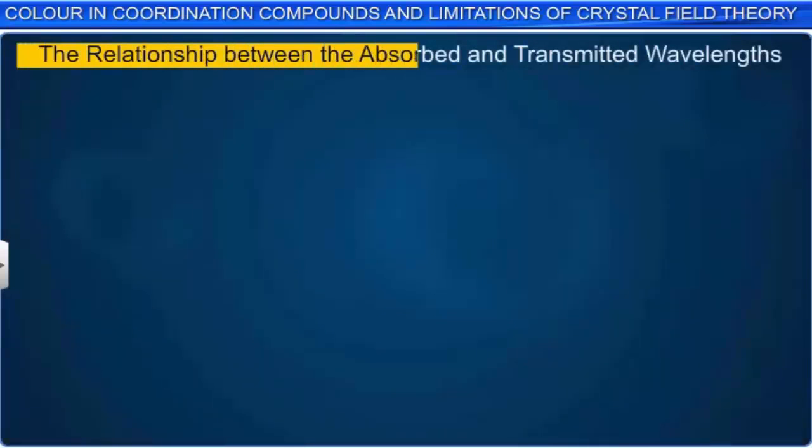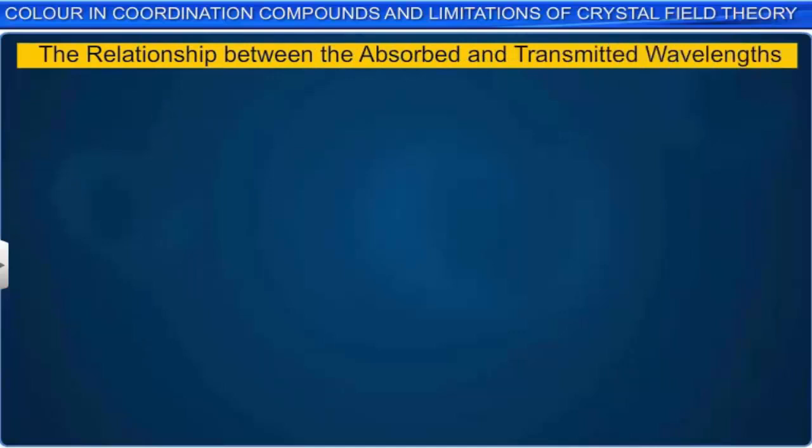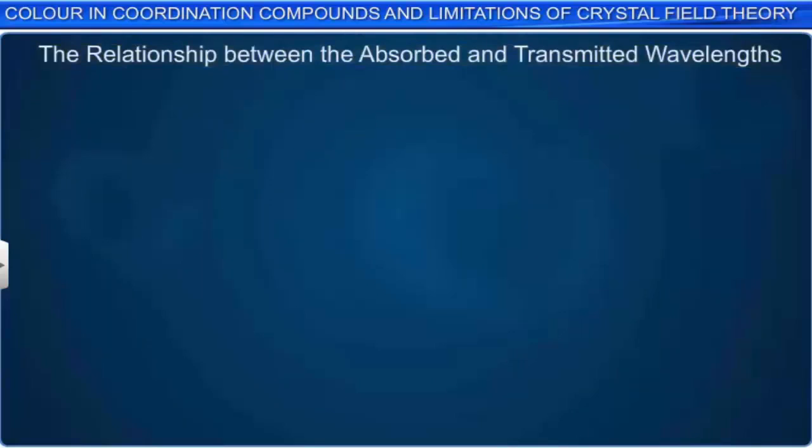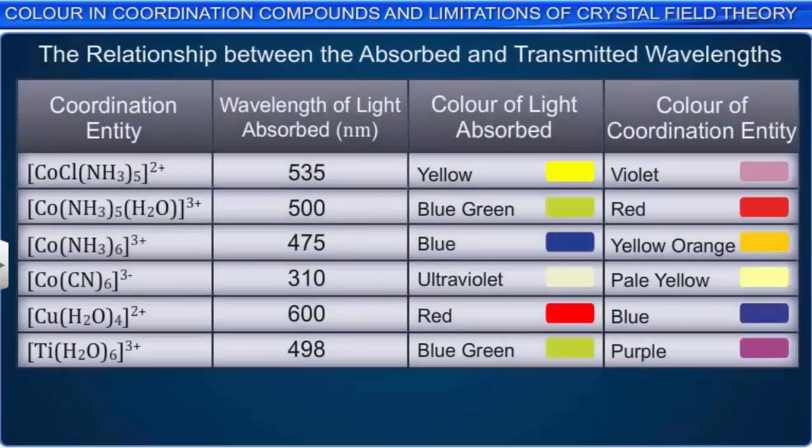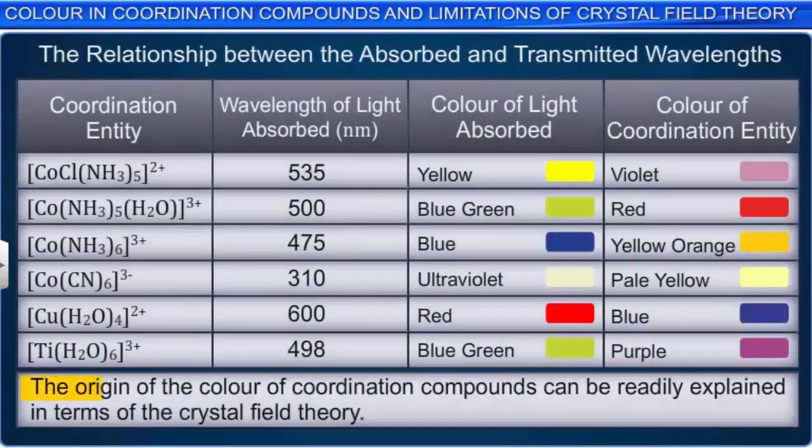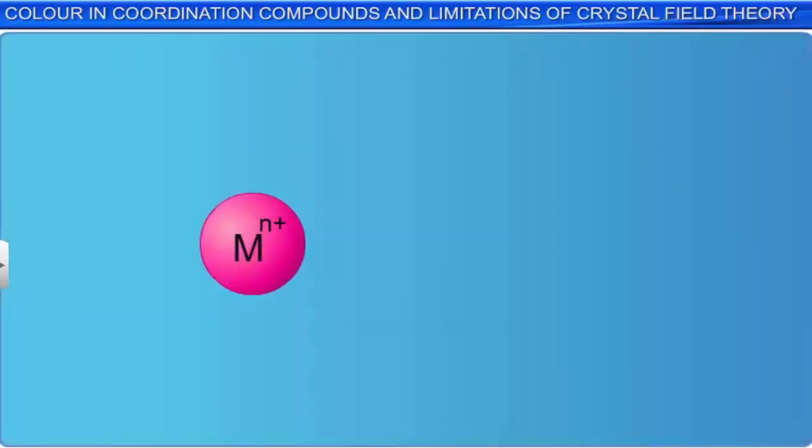The origin of the color of coordination compounds can be readily explained in terms of the crystal field theory. As you have studied in the previous module, when a ligand approaches the metal ion containing unpaired electrons, the five degenerate d orbitals separate into two distinct energy levels, namely t2g and eg.